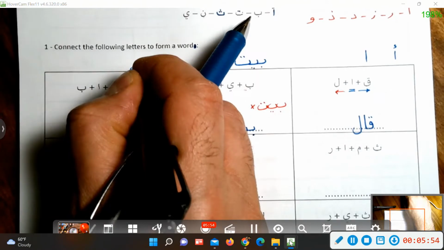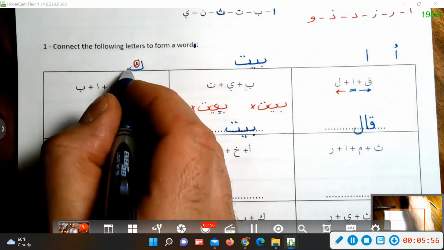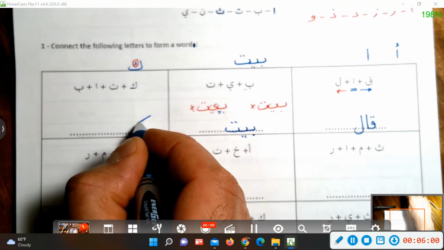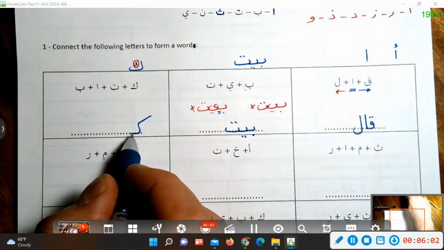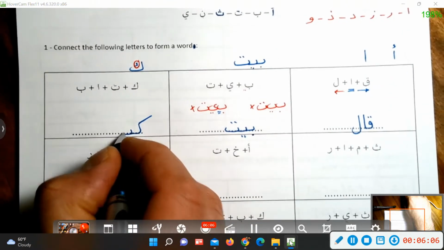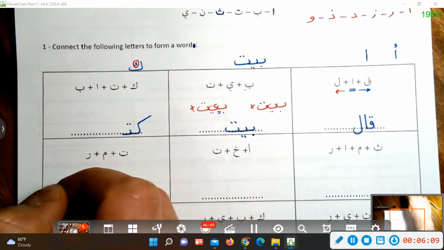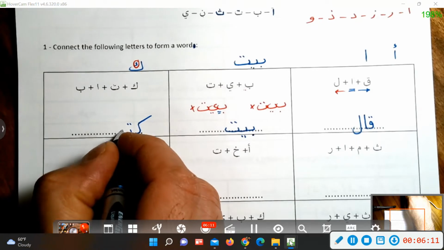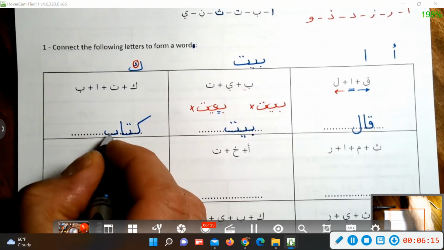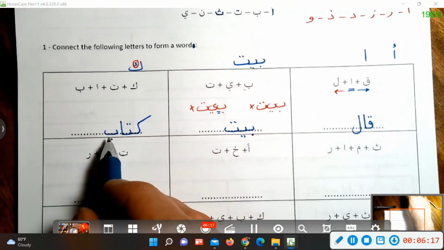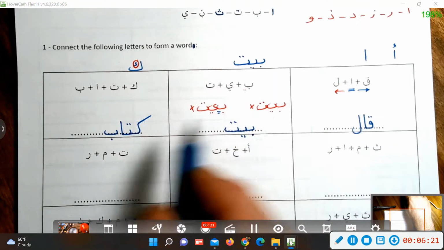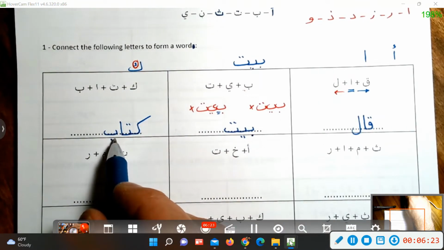This one is gone and the tail is gone. So we do it like this and then we extend the line. So this is the kaf when it's connected. Ta, a tooth with a small extension, and alif connect like this. Now the ba stands alone because it cannot connect to the alif, because alif does not connect from the left side.